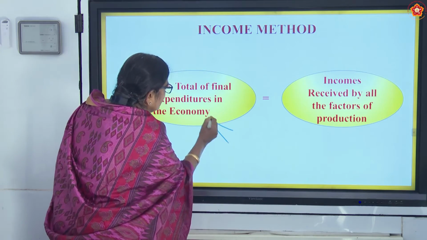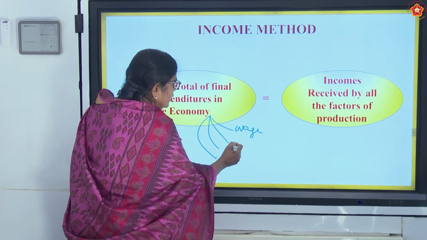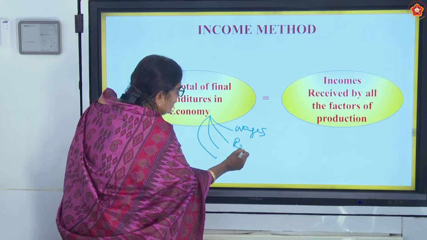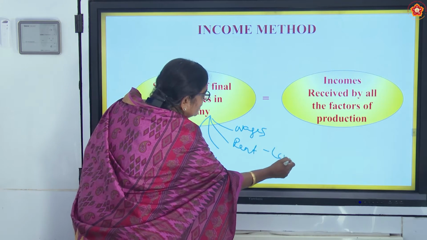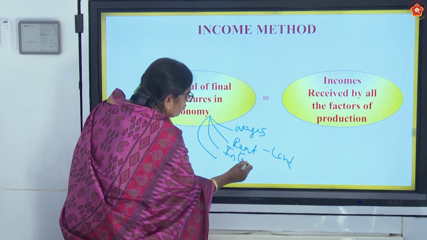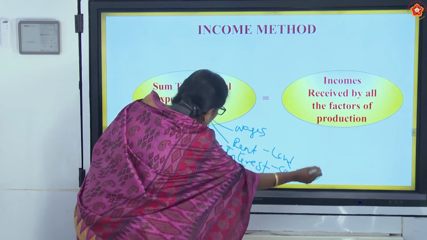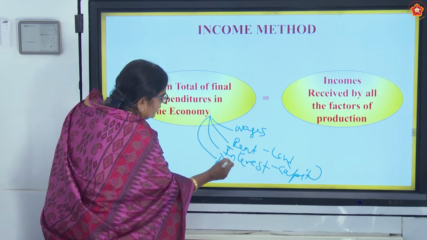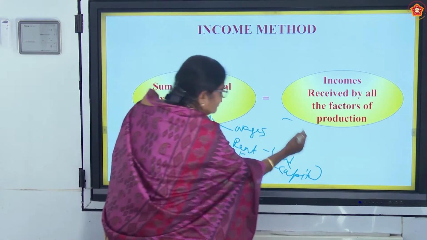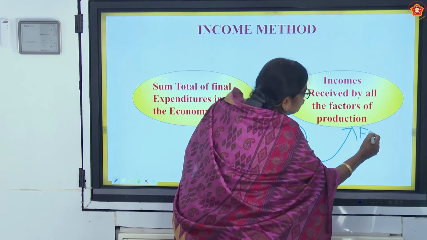They pay wages for labor, they pay rent for land, they pay interest for capital, and profit for entrepreneurship. All these expenditures are received as factor income.